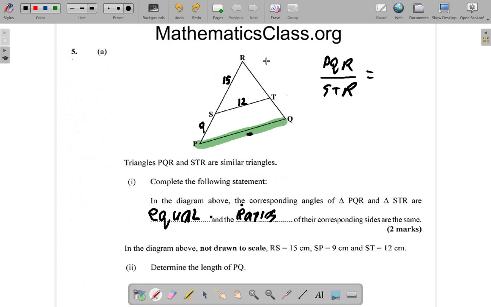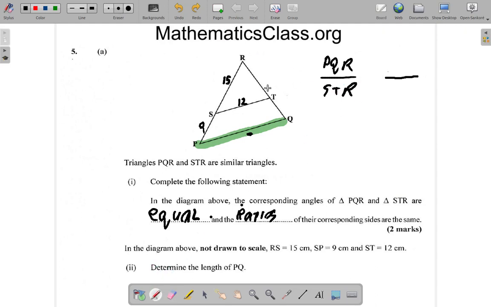We're not dealing with division here. P to R divided by from S to R. They say RS, so let's stick with that. Let's change this around. I don't want to get rid of this thing here.